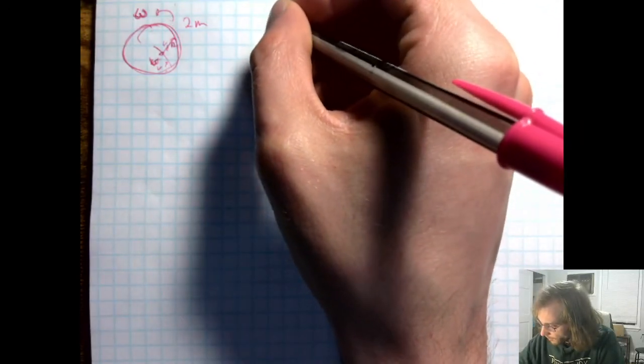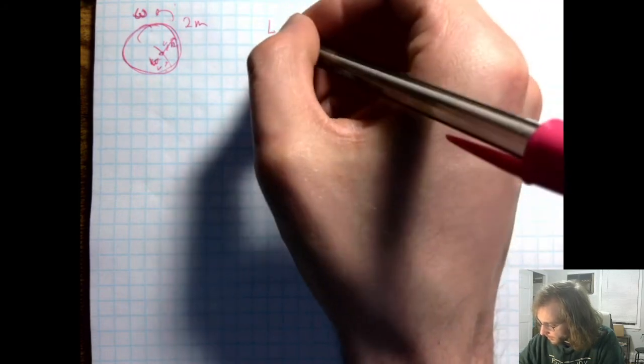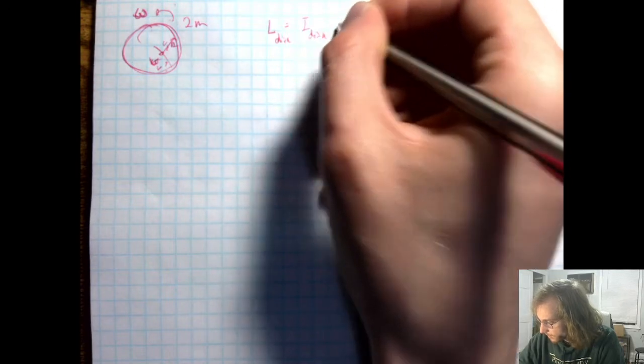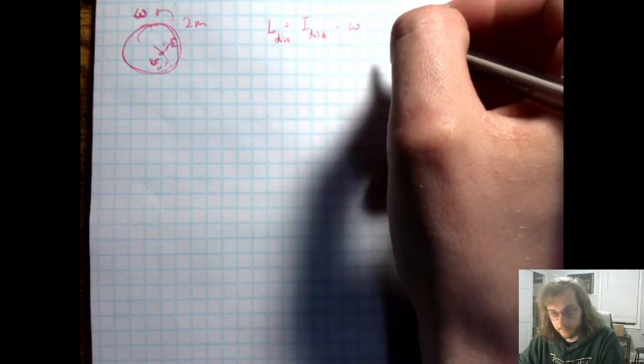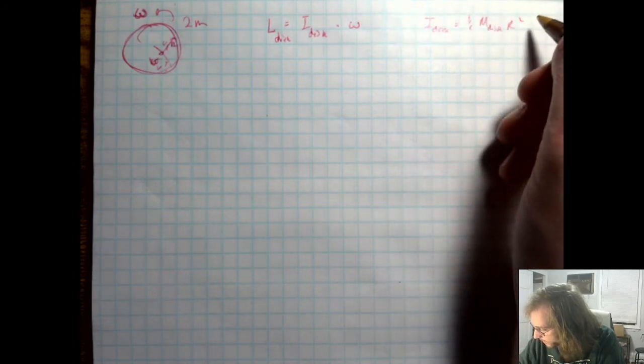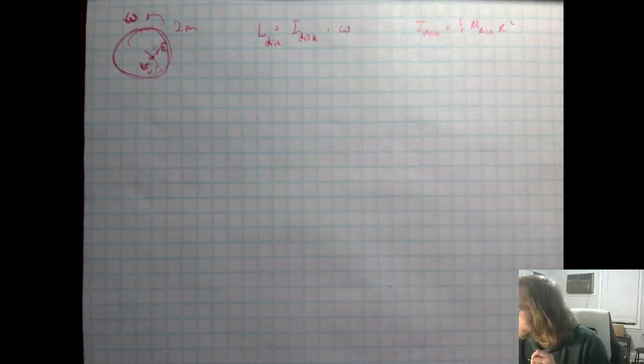Well, the angular momentum of the disk is going to be equal to the moment of inertia for the disk times omega for the disk, which is omega. Well, I for the disk is equal to 1/2 mass of the disk times the radius of the disk squared. And, oh no, this is not focused.